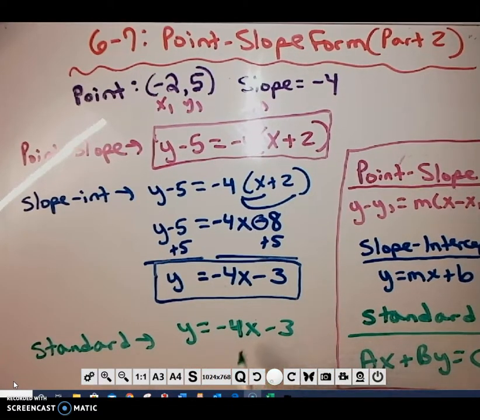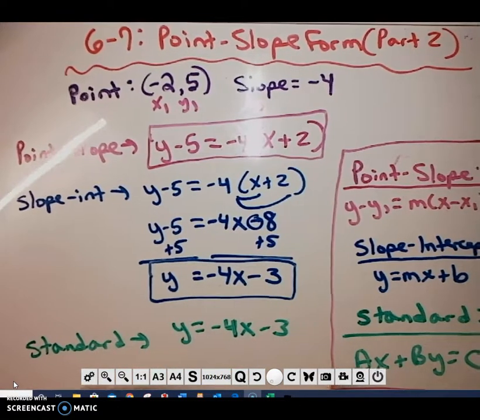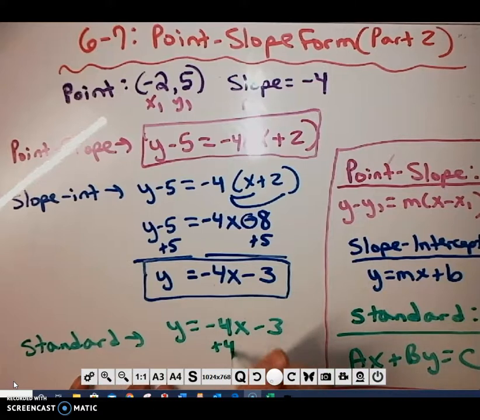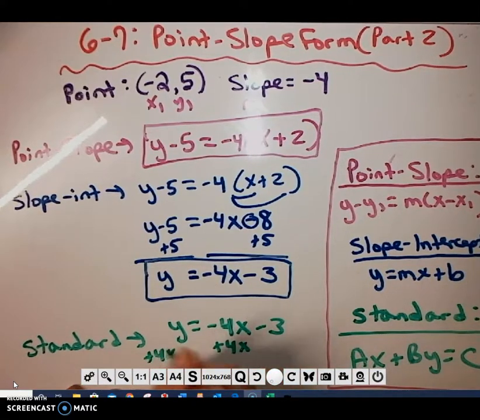I'm just going to take my term, negative 4x, and bring it to the other side because standard form is ax plus by equals c. So what I'm essentially doing is adding 4x to both sides. By doing that, I'm canceling it on the right side and bringing it to the left side of the equal sign. So now when I rewrite this, I have positive 4x.